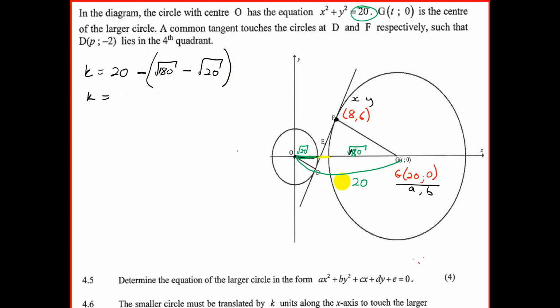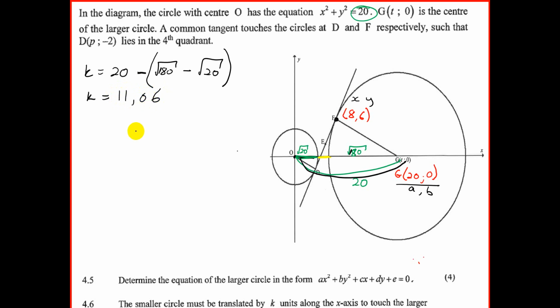So what we're saying is, if we take the 20 units for it to touch, and we subtract the difference of both, we will get it to be able to touch internally. And if you use your calculator and you do the calculation on that, that will give you 11.06.